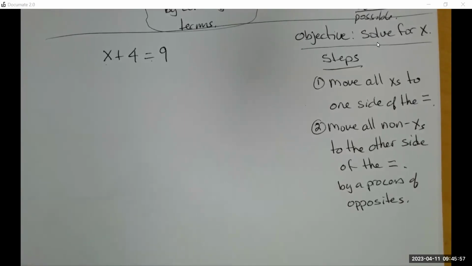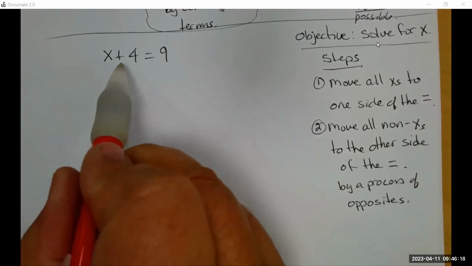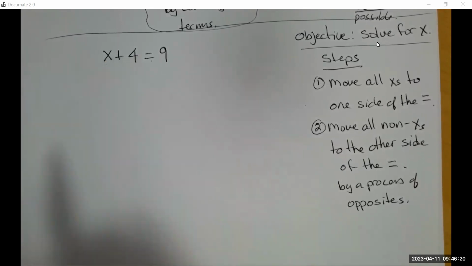We solve these in the opposite order of the order of operations. In order of operations, you would do multiplication first before you do addition or subtraction, right? But when you solve for x's, you do it the opposite. You have to tear them apart. So the first thing you have to get rid of is anything plus or minus to the x.